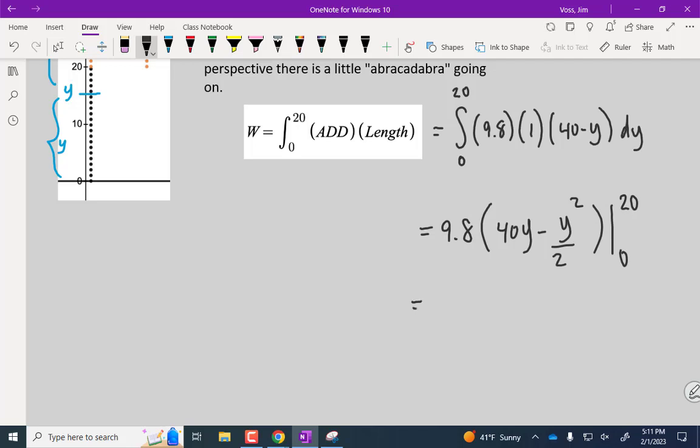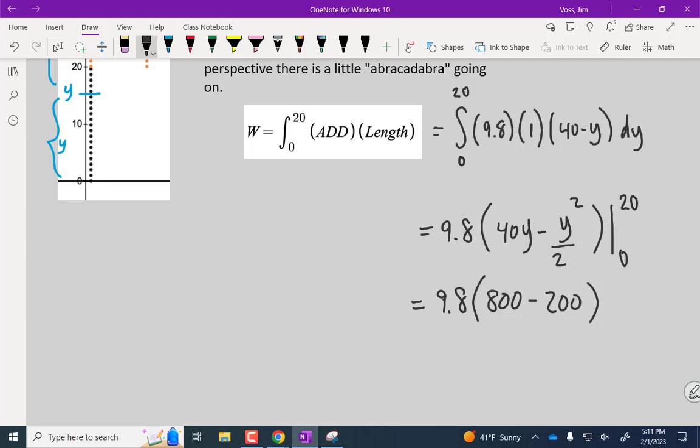So we'll have 9.8, and when we do the integration, that's what we'll end up with. Plugging in the 0 gives nothing. Plugging in the 20, we'll have 800 minus 200, so 600.